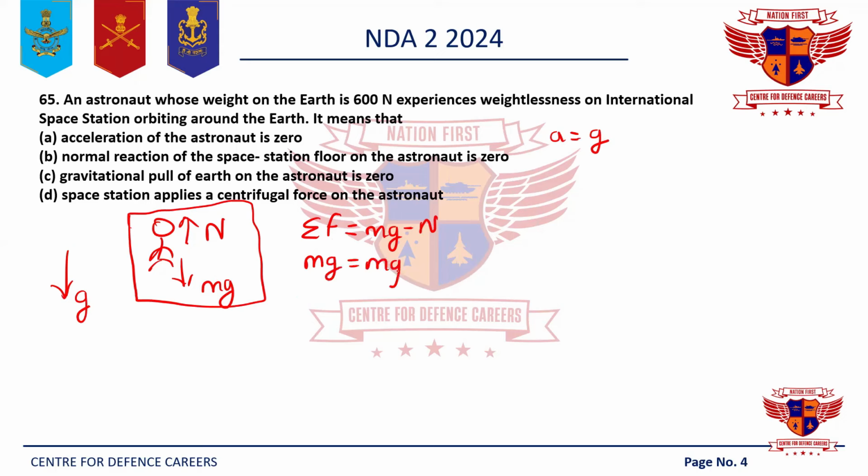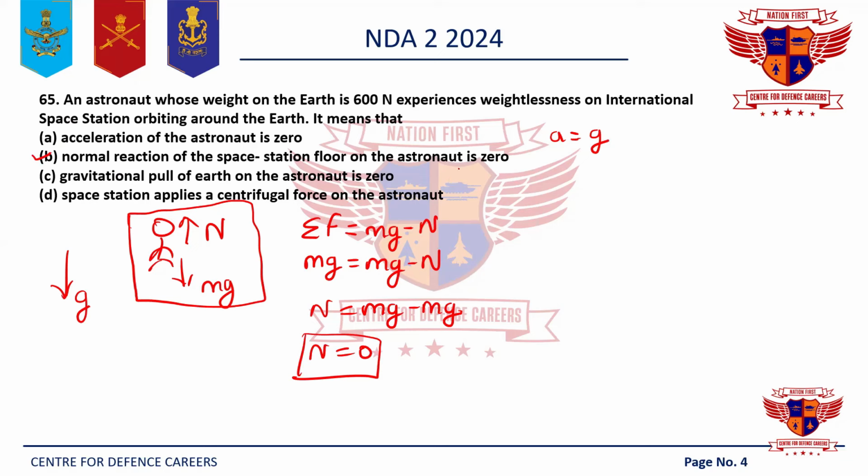So mg will be equal to mg minus N. So N will be equal to mg minus mg. So we get N equal to 0. So the normal reaction of the space station floor on the astronaut is 0. This will be the correct answer.